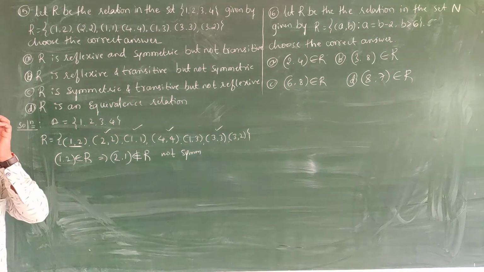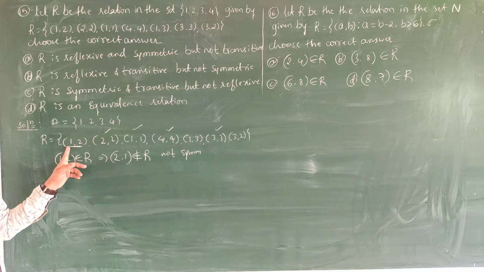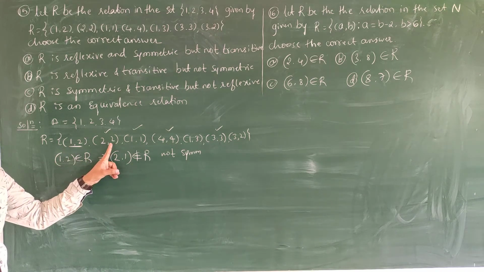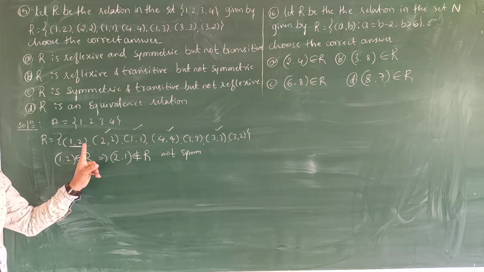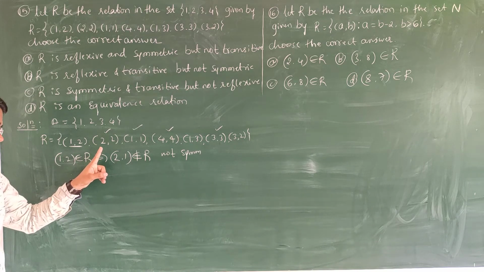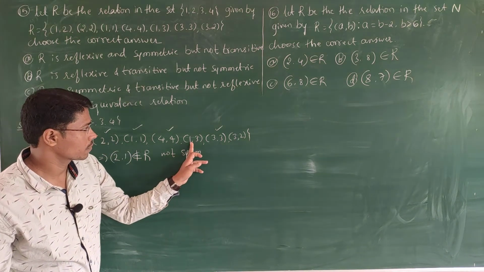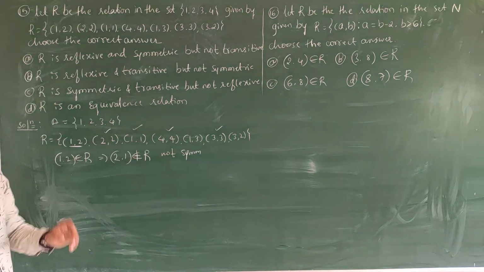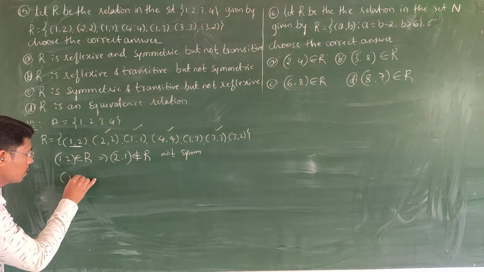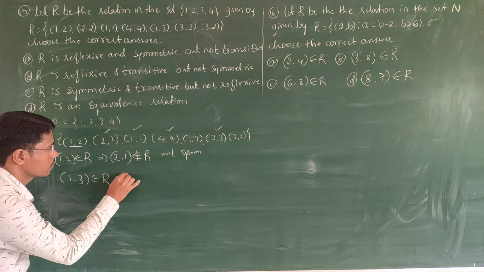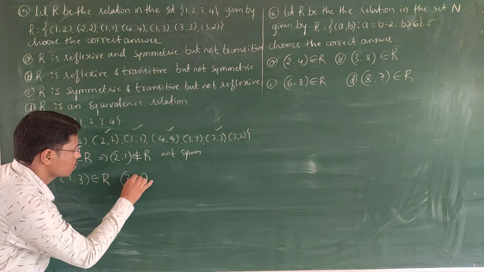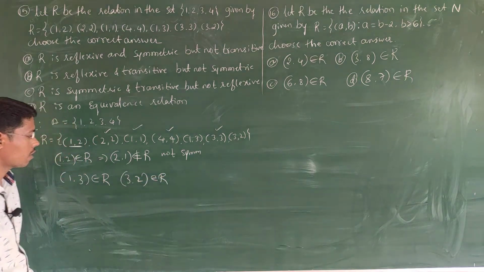Next check for the transitivity. (1, 2), (2, 2) is there. So it is not possible because (a, b), (b, c) should belong to R. So now go to the next, (1, 3), (3, 2). Check these two. (1, 3) belongs to R. (3, 2) belongs to R. And what about a and c?